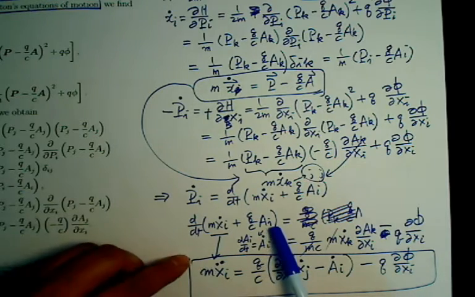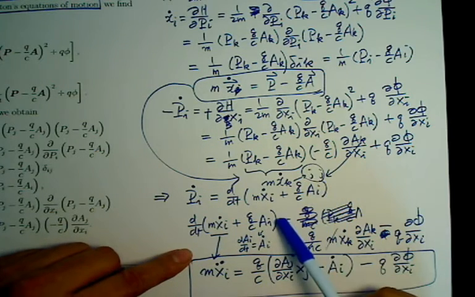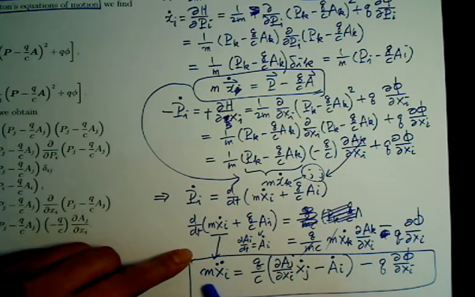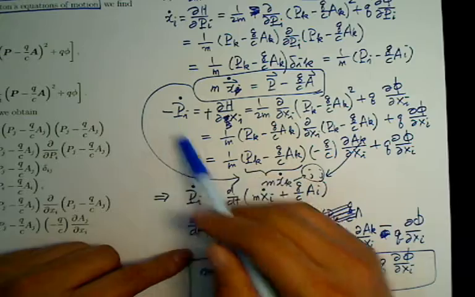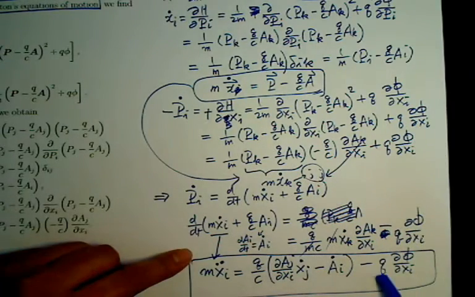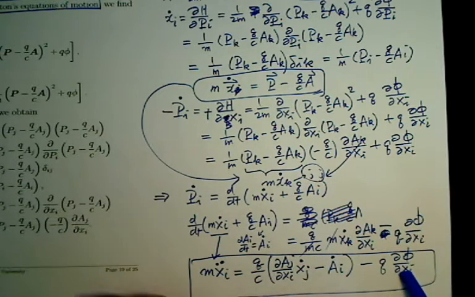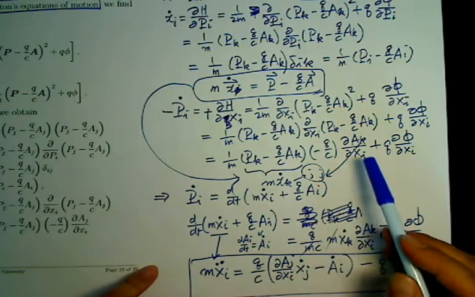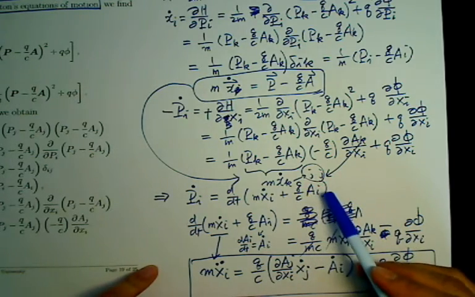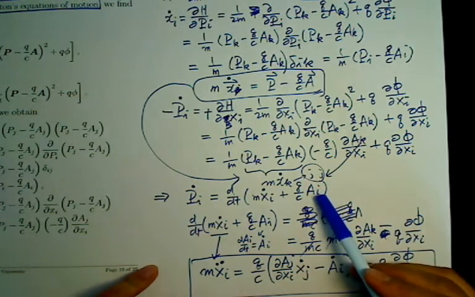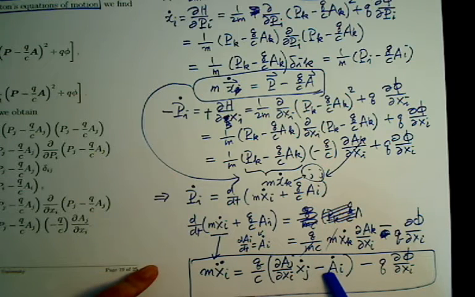And if I combine these two pieces, what you find is this one. Here, a minus sign is multiplied to find the minus q gradient phi, and this contribution gives this negative sign, A_i q over c.